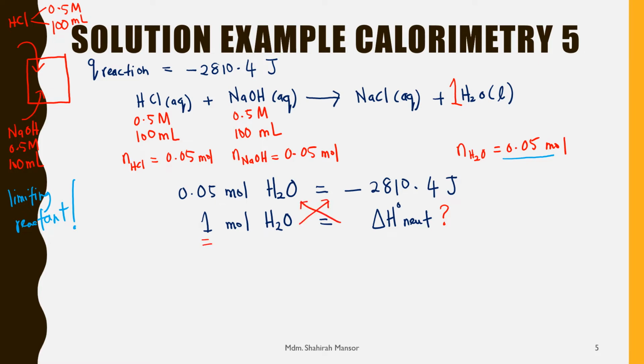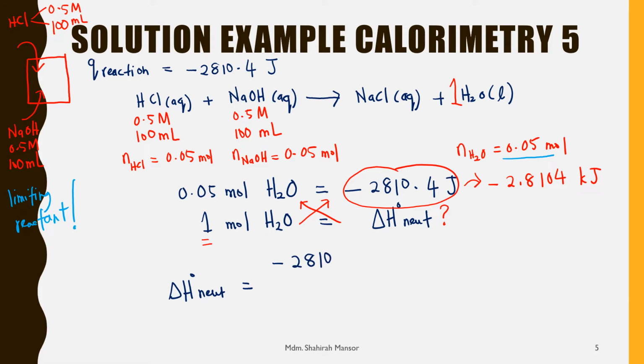So now to find the answer, kita akan buat darab silang. So yang ini kita tukarkan dahulu dalam bentuk kilojoule. So dia akan jadi negatif 2.8104 kilojoule. Gunakan nilai yang ini. So to get enthalpy naught of neutralization, so ingat bila buat darab silang dia akan jadi negatif 2.8104 kilojoule bahagi dengan 0.05 mole of water.